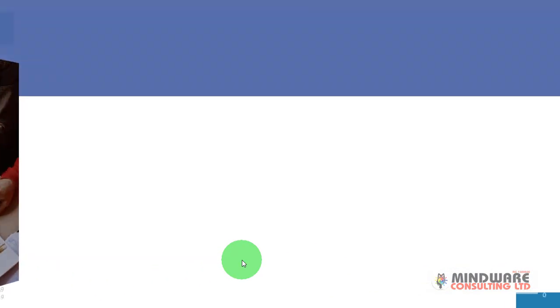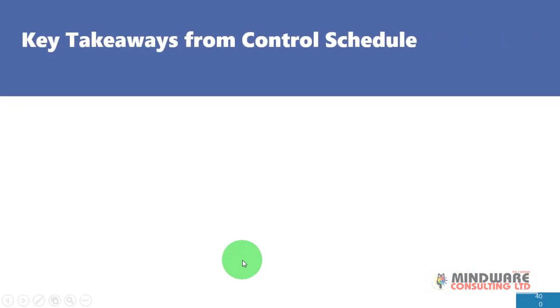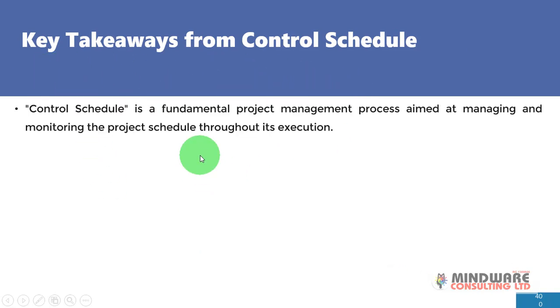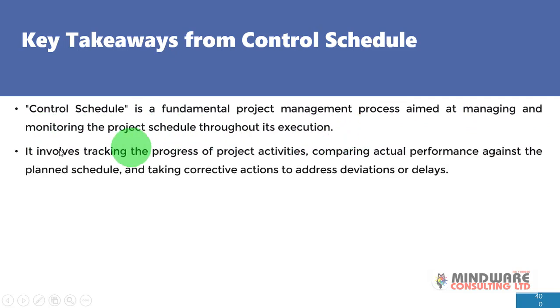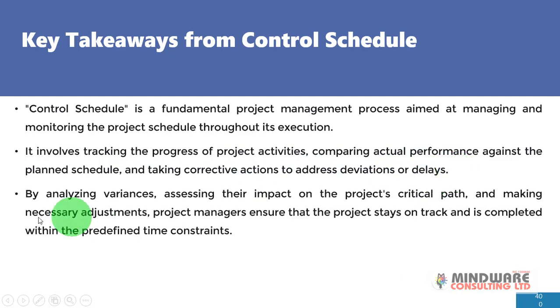Now let's look at the key takeaways from the control schedule process. Control schedule is a fundamental project management process aimed at managing and monitoring the project schedule throughout its execution. It involves tracking the project activities, comparing actual performance against the planned schedule, and taking corrective actions to address deviations or delays.